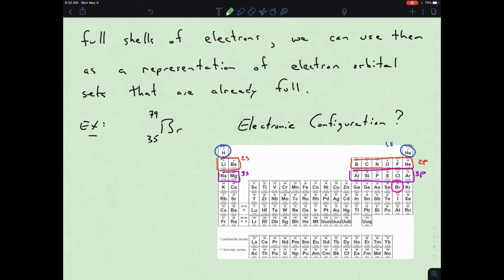And now we're down into the 4s, the 3d, and now our 4p up to the bromine.